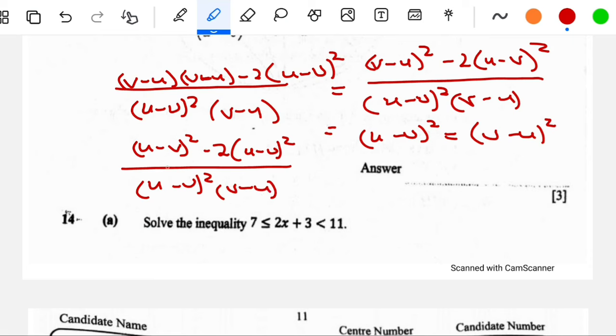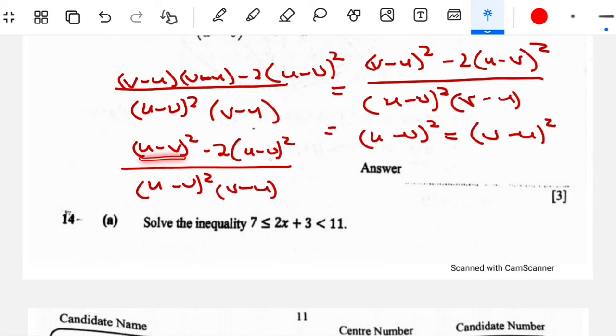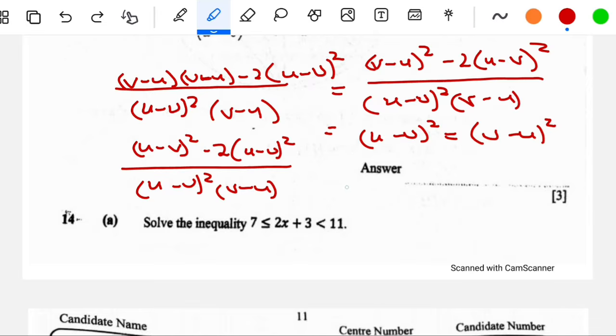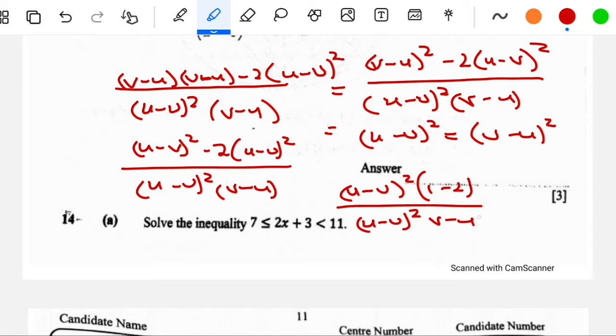Then I can factor out this common factor, so I'm going to get (u minus v) squared times (1 minus 2) over (u minus v) squared (v minus u). Then this will cancel, and I'm going to remain with negative 1 over (v minus u) as my answer there.